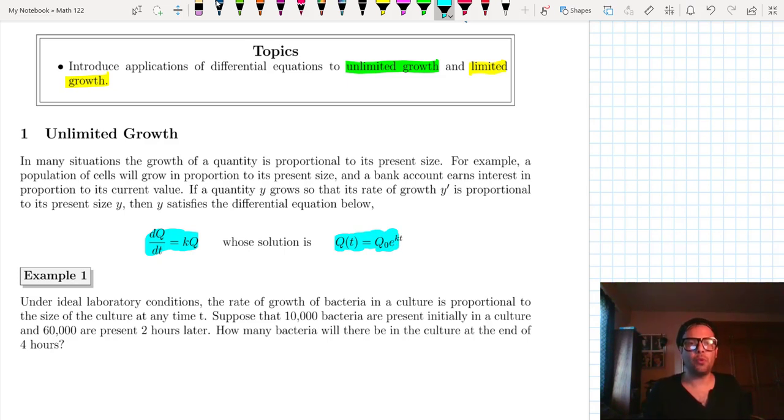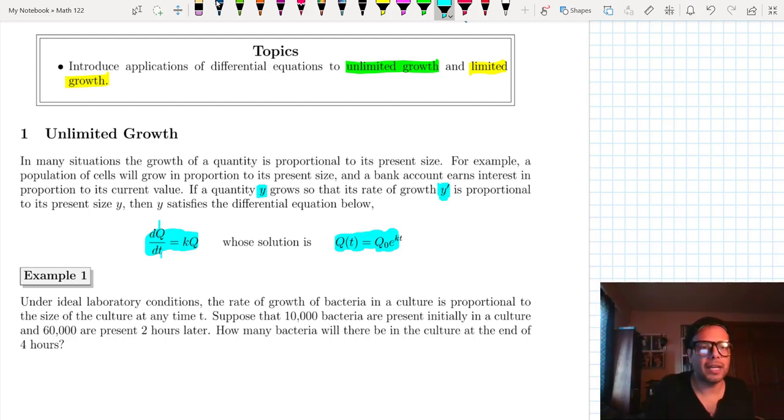So we have some quantity. By the way, here I should have written Q. Quantity Q grows at some rate. Call it y prime, but this y prime is really dQ over dt, and it's proportional to the present size.